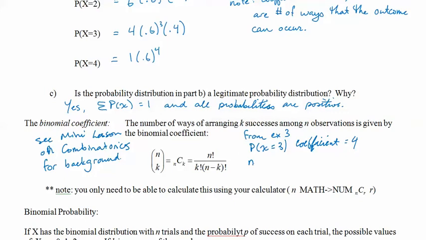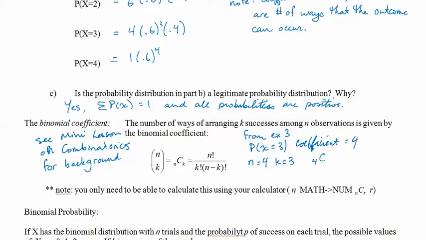So our n is 4 because we had 4 flips of the coin. K equals 3. We're wanting 3 of them to be heads, and we're looking at how many different ways could we get 3 heads out of 4 flips.